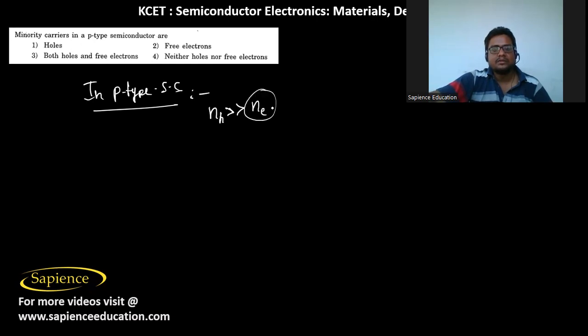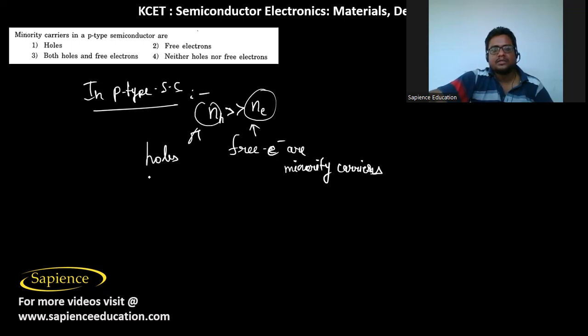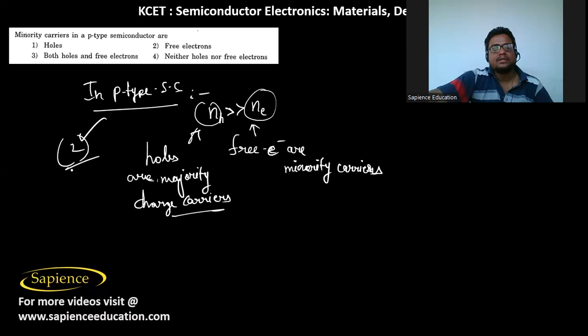So here the free electrons are the minority charge carriers, and the holes are the majority charge carriers. So it means option 2 is the correct answer.